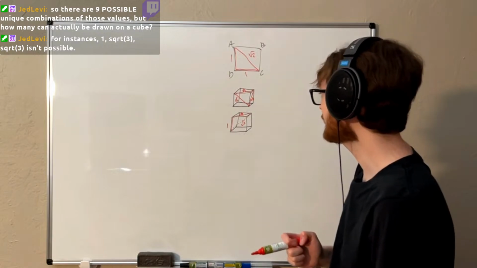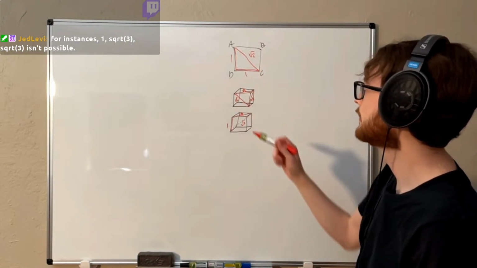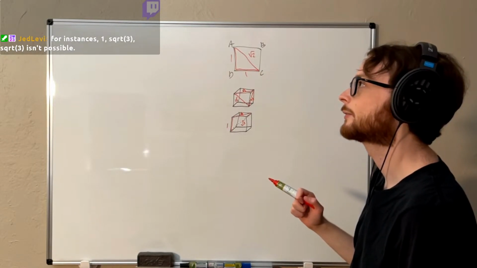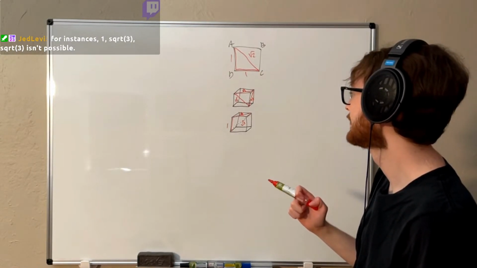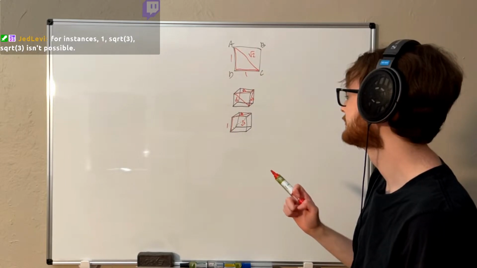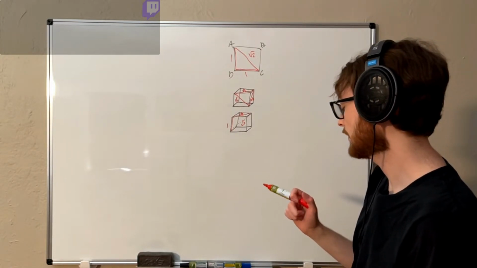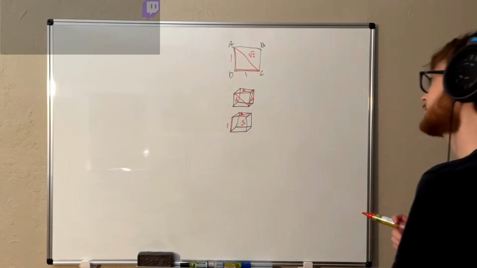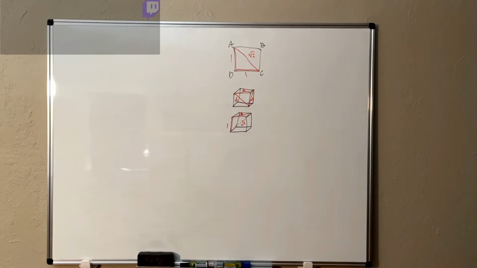I think you can make one with every combination. You can't make a 1, 1, 1. It's not as simple as 3 factorial, I guess. Or not, I guess 3 cubed. It's not as simple as 3 cubed, rather, for permutation. Yeah, I agree, Jed.